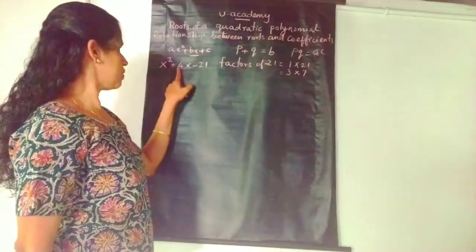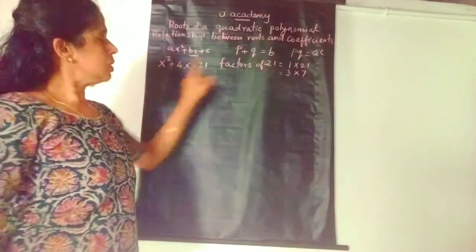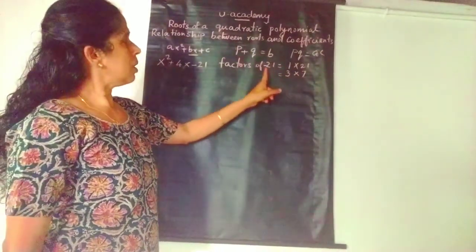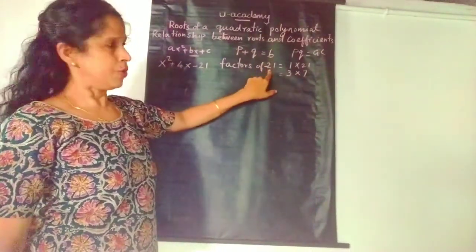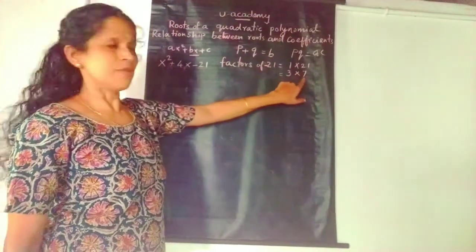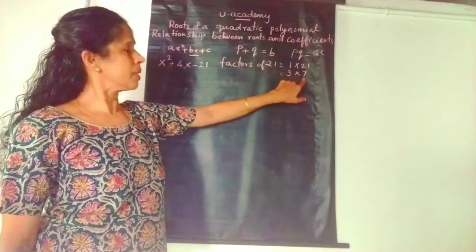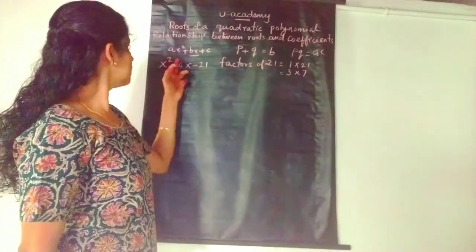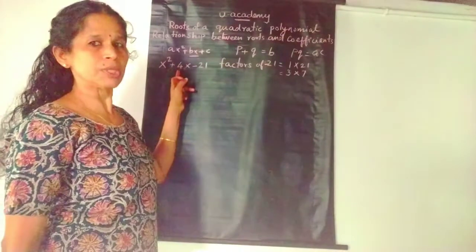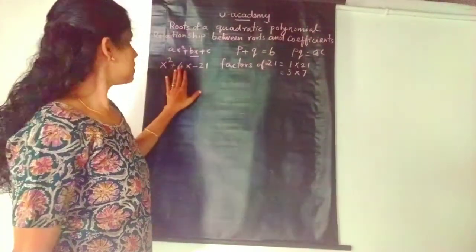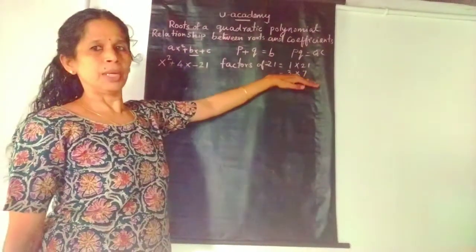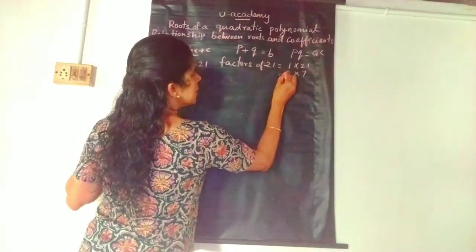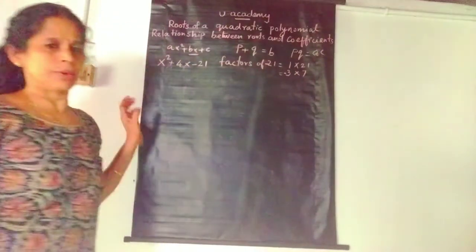Since it is the positive 4, the bigger number should be positive. Understood? So since here it is minus 21, either 3 or 7 should be a negative number. And you can see which one will be negative. Just see here, this b, 4, is a positive integer. Since it is positive, the bigger number should be positive. So negative 3, and 7 is the positive number.